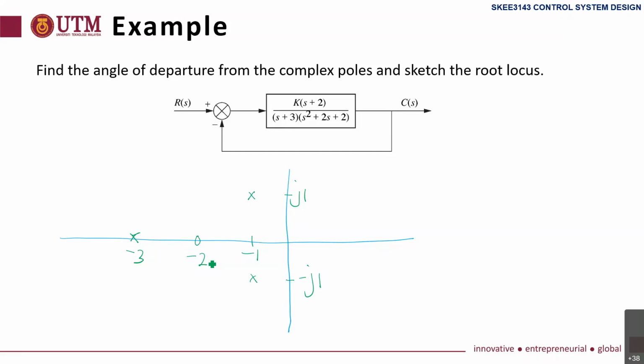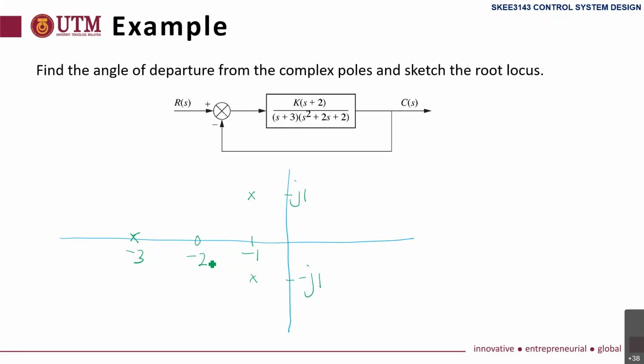What does rule number 3 say? Real axis segment. Real axis segment. Okay. So now find root locus on the real axis. Where are the root locus?